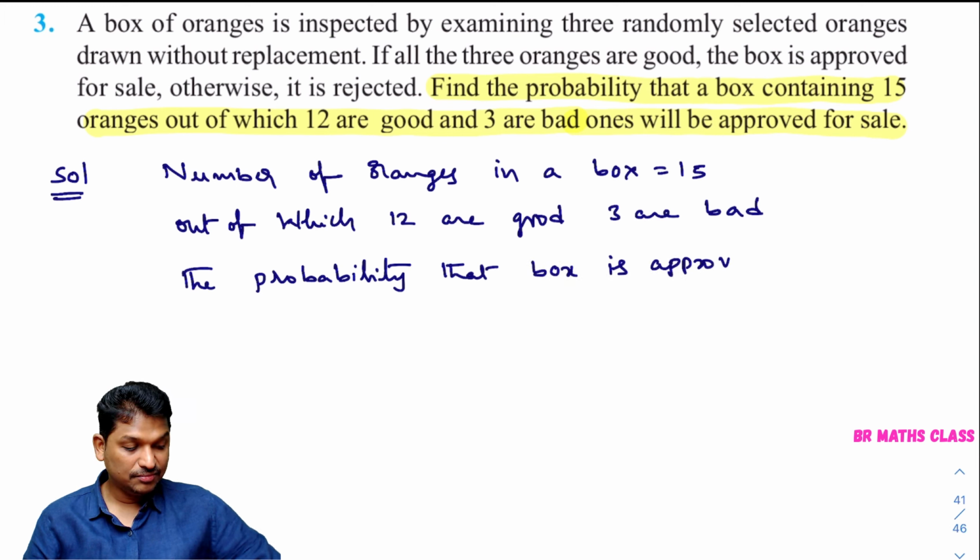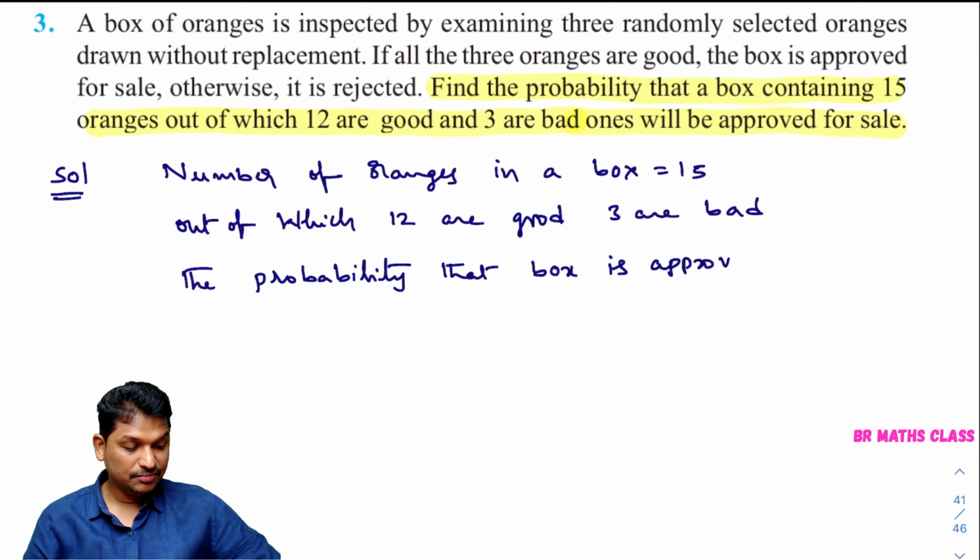Tail 1, tail 2, tail 3, tail 4, tail 5, tail 6. This is the sample space. Okay, I have written the sample space.